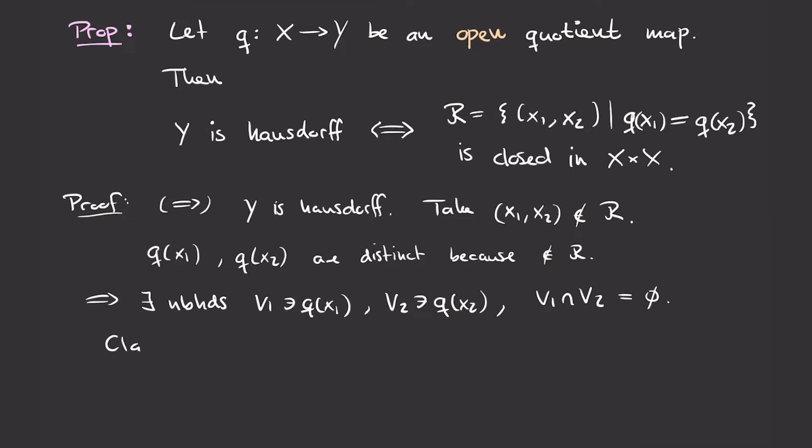Okay, and now I claim that if we take the pre-image of this open neighborhood V1 times the pre-image of the open neighborhood V2, then this is actually a neighborhood of the tuple x1, x2 in the space X cross X.